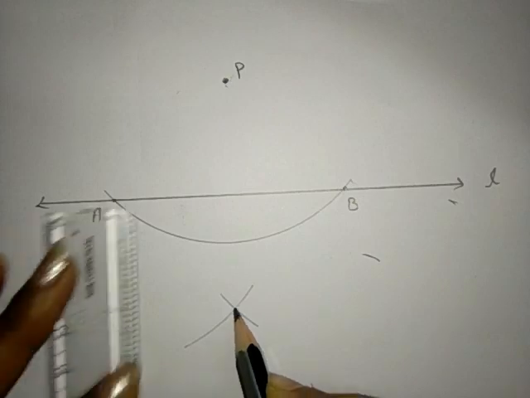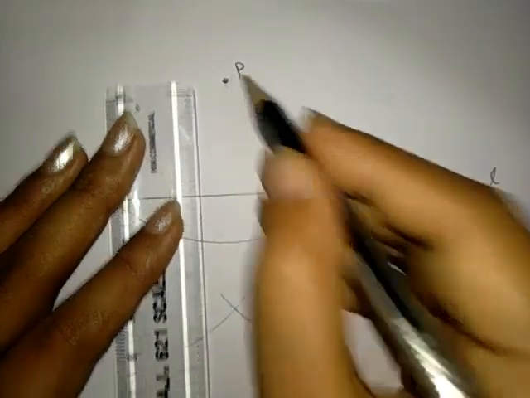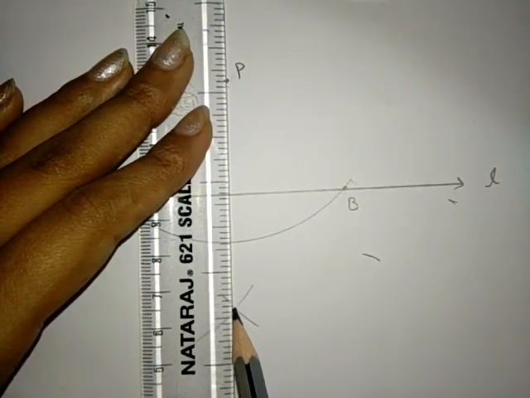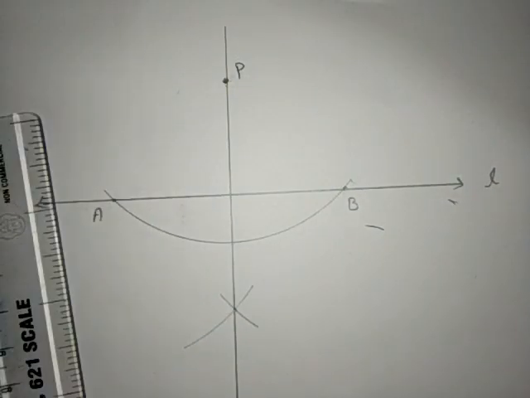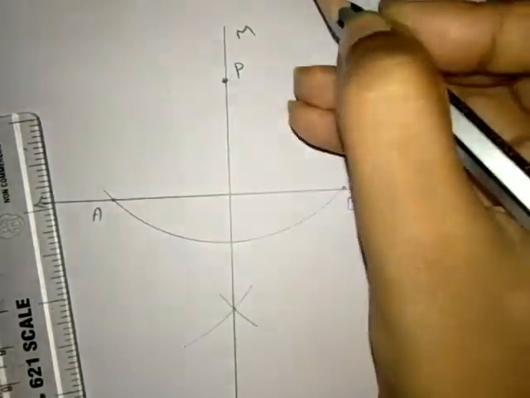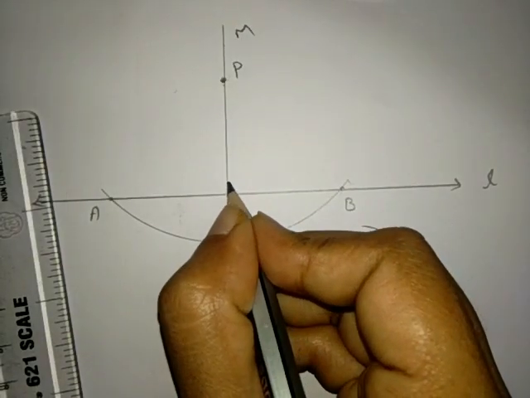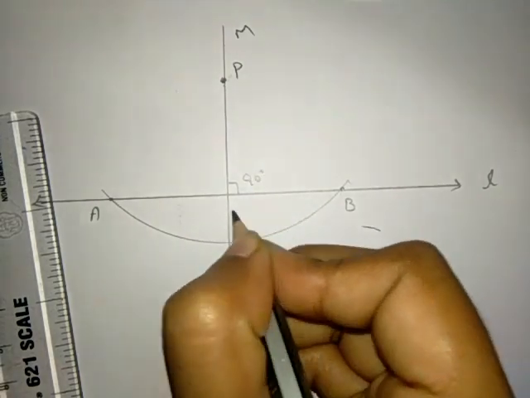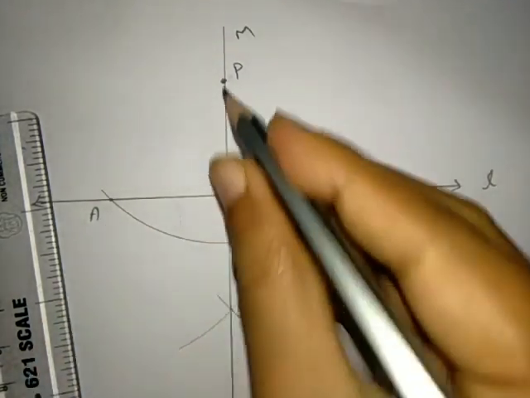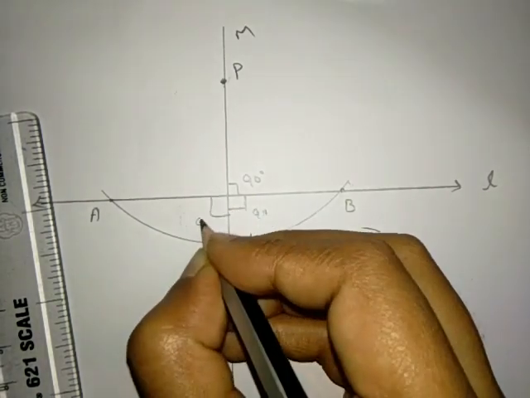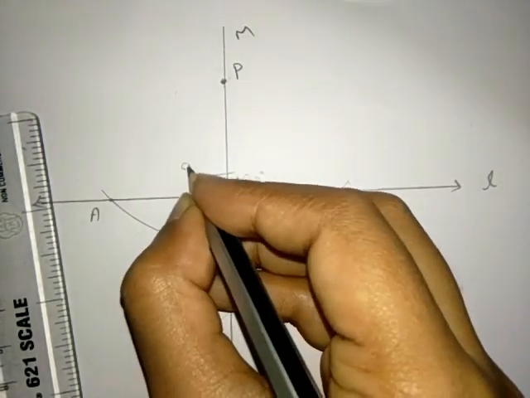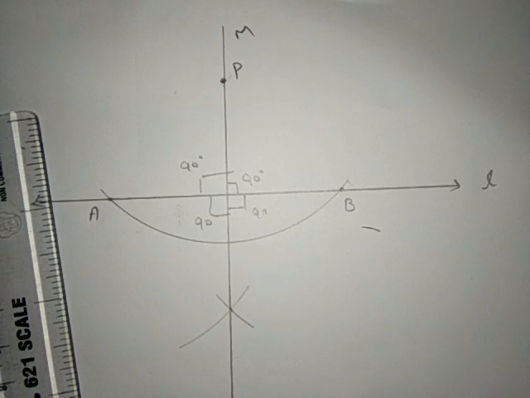Now we should join this point and the point P. We'll draw a line here. You can see we'll call this line M. Here we have again got an angle of 90 degrees between the two lines, isn't it? So this is how we have to construct the perpendicular lines.